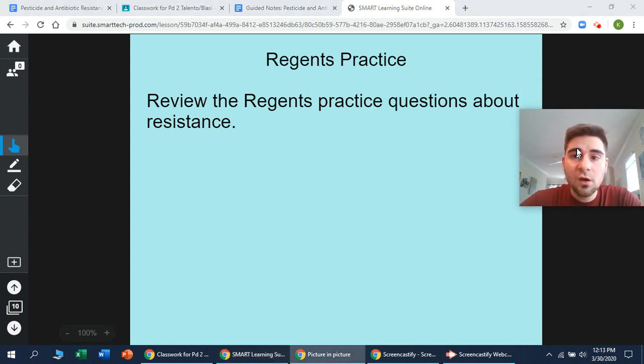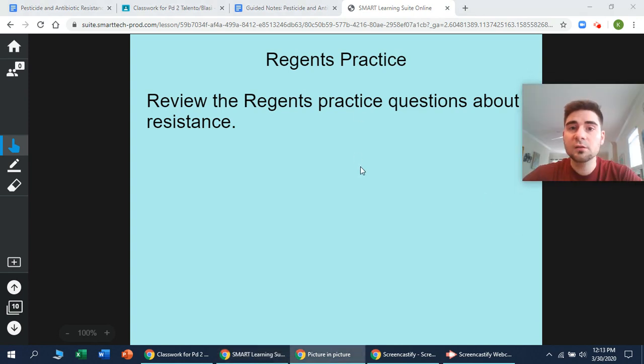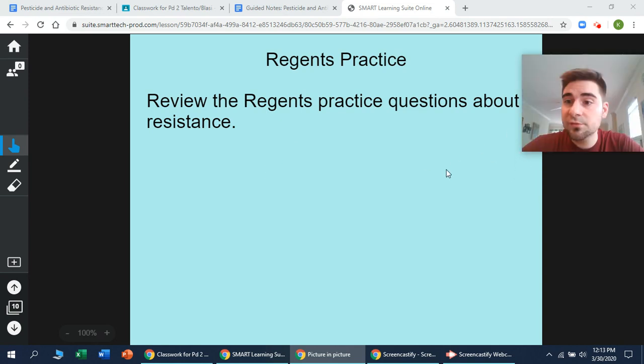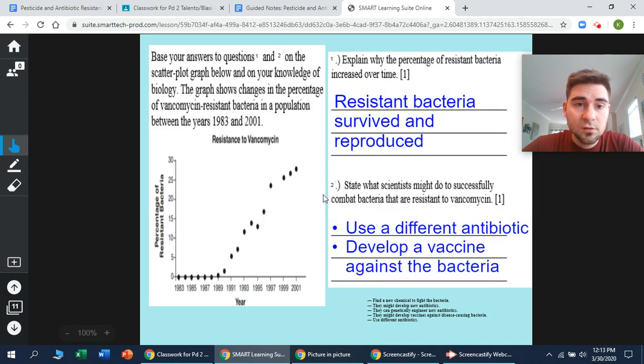Okay, so we've done these Regents questions before. What I'd like to do now is just review them. So this was from an antibiotic resistance lesson that we had previously, where you watched a different video and you answered these questions. So the first one here was this graph about resistance to vancomycin. It's a type of antibiotic.